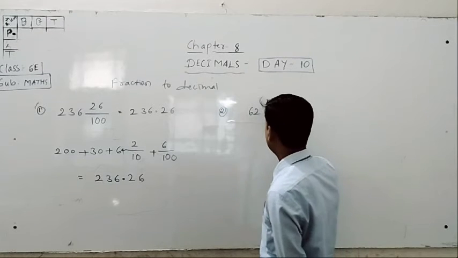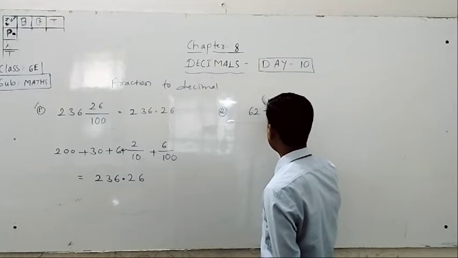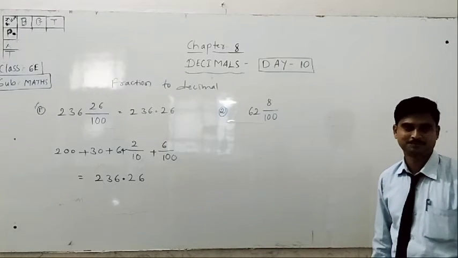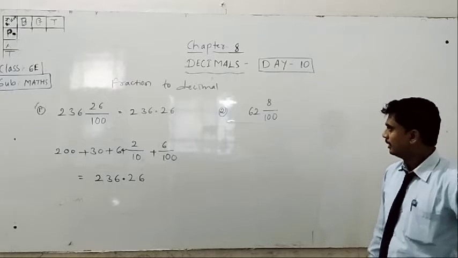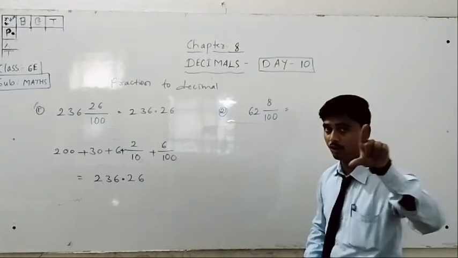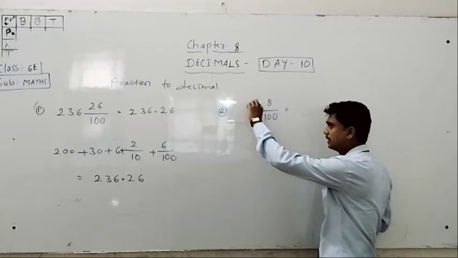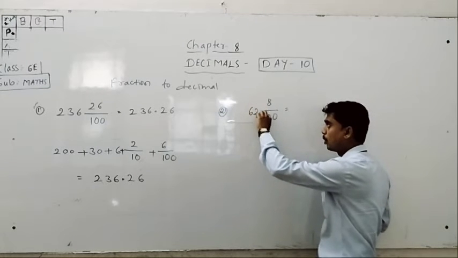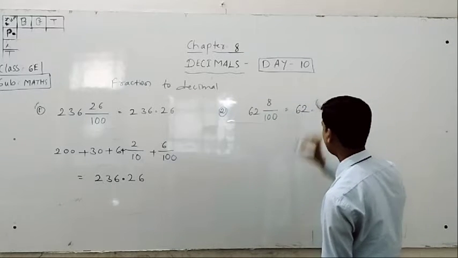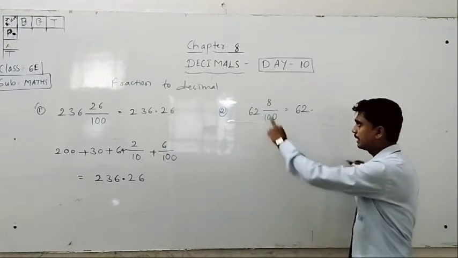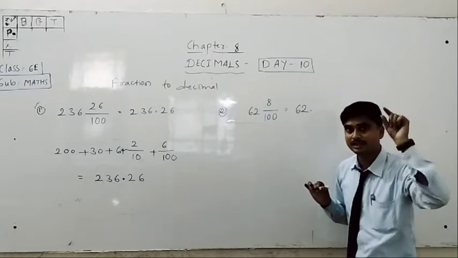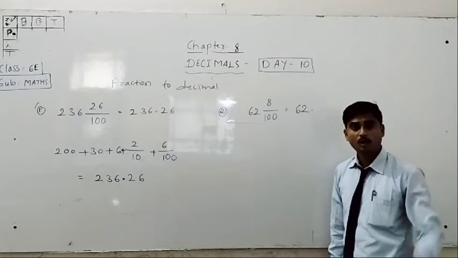Next one, I will show you. 62 whole 8 by 100 only. Understand? Here 62 is a whole number, because it is a mixed fraction. Right, before the point 62 and point. But they are given 8 by 100, so they are not given the 10th place. They did not give a number in the 10th place.